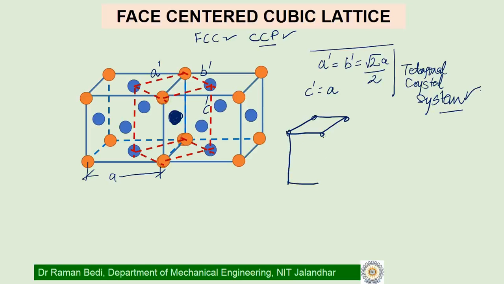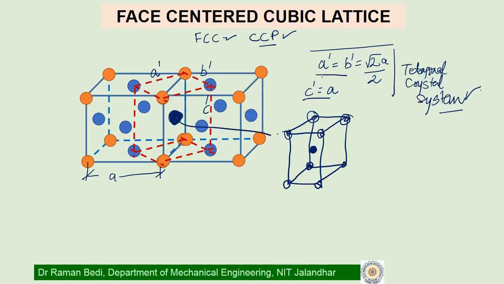So we understand that this is another unit cell which is available to us. It has lattice points at the corners, such that A dash is equal to B dash, not equal to C dash, alpha, beta, gamma are equal to 90 degrees, and in addition it has one here at the center.